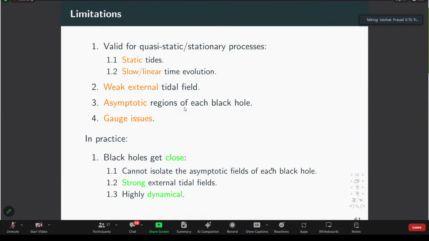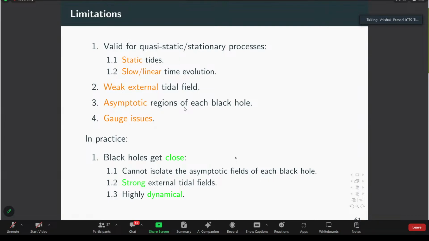The present treatment of tidal deformation, the perturbation theory of black holes, has taught us a lot. However, it has its own limitations. It cannot be applied in scenarios like binary black hole mergers, when the two black holes are very close to each other. Why? Because when they are very close, they start moving fast, approaching up to 60% of the speed of light.